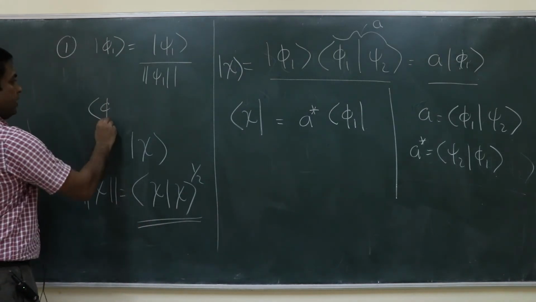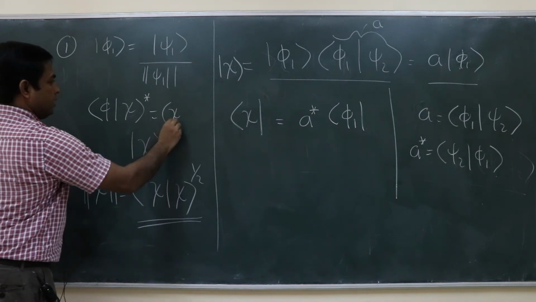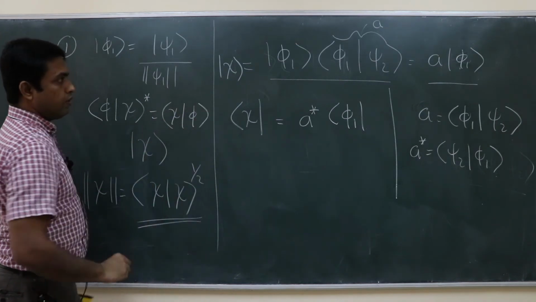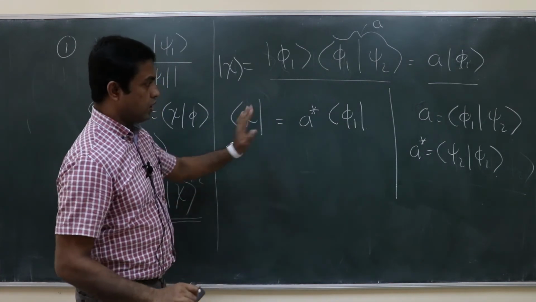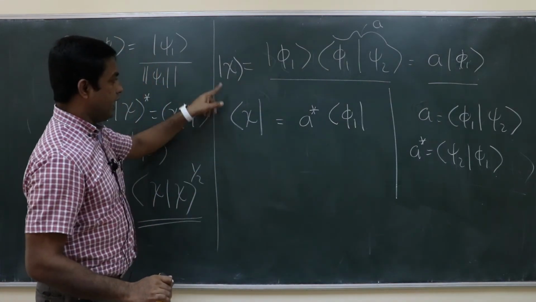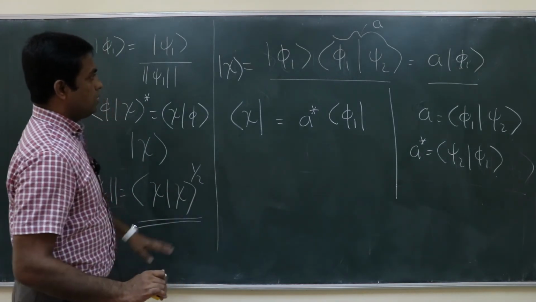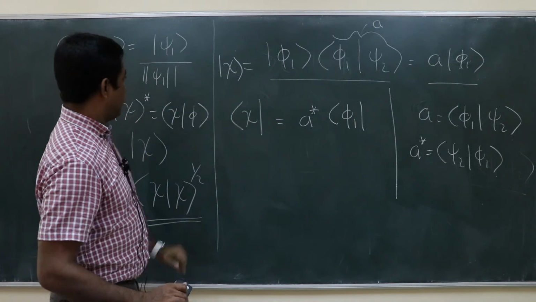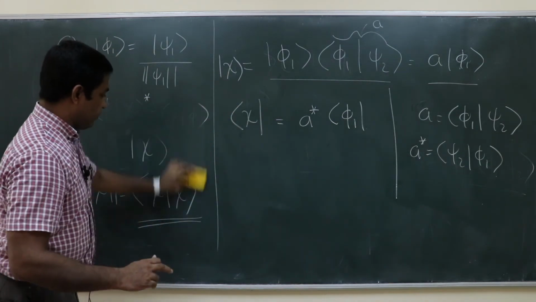So bra phi chi star is bra chi phi. Okay. So you can get that. Let me keep it as a star. So let us do that. So I got ket chi bra chi. Okay. So that part is clear. So this is the second term of that equation.